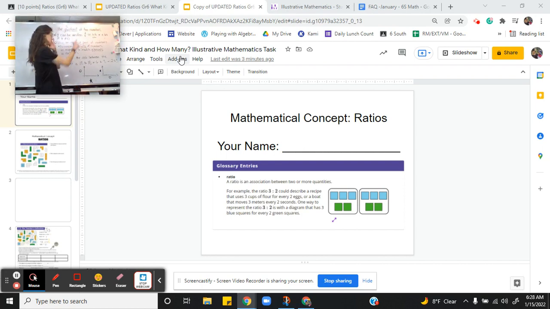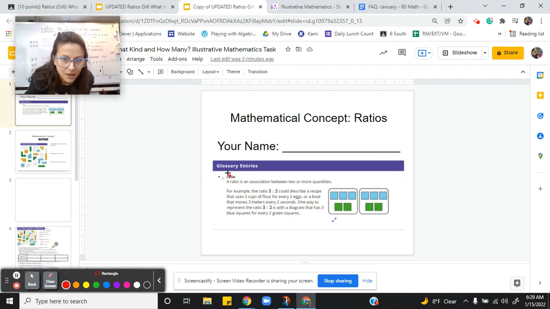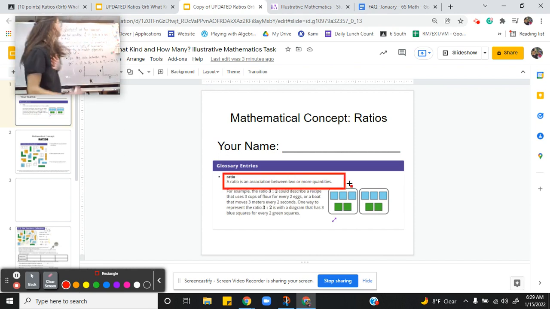So this definition is super important, and I'm going to jump back to the Screencastify and read the definition here. It says a ratio is an association between two or more quantities. So let's compare that to the definition we have here, the quotient of two numbers. An association between two or more quantities.